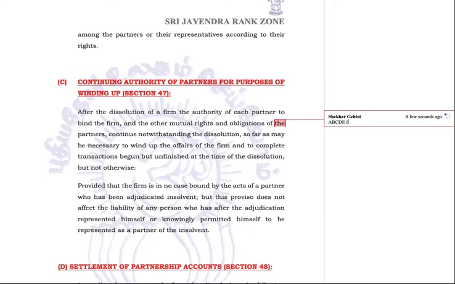Now say A, B, C, D, E are partners in a firm. Okay, firm A, B, C, D is the firm, and A, B, C, D, E are all partners as well.